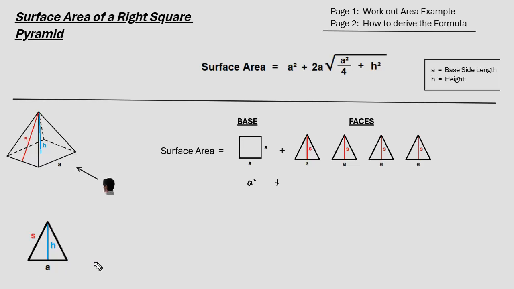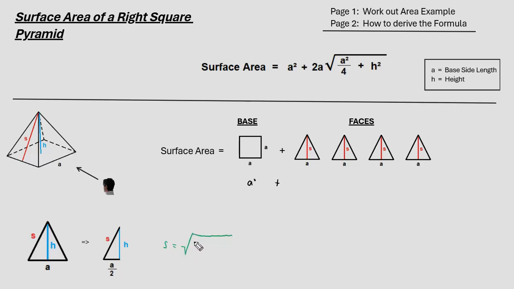Now what we can do from here is to split this side view in half. And what this does is give us a right angle triangle that we can now make use of, as by using Pythagoras we can get s in terms of h.